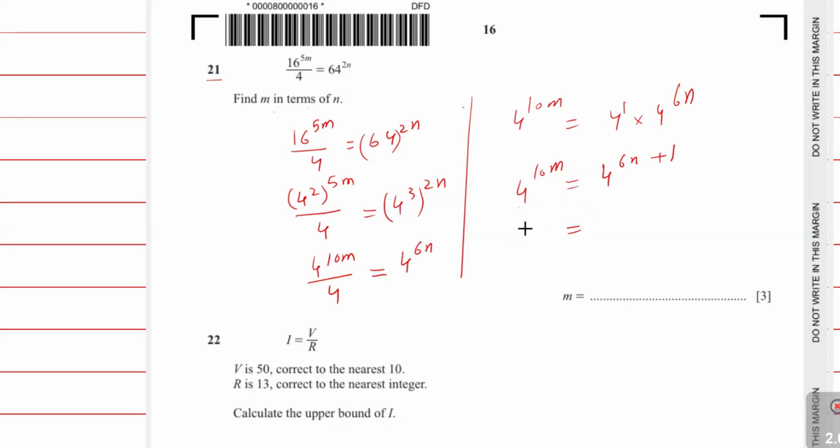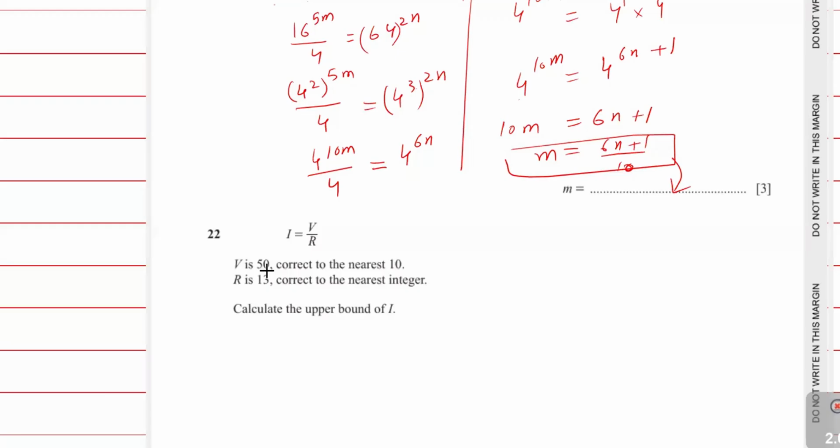Bases of this value are same, therefore we will equalize the powers. 10m equal to 6n plus 1, and we can write 6n plus 1 over 10 equal to m, and this is the answer.